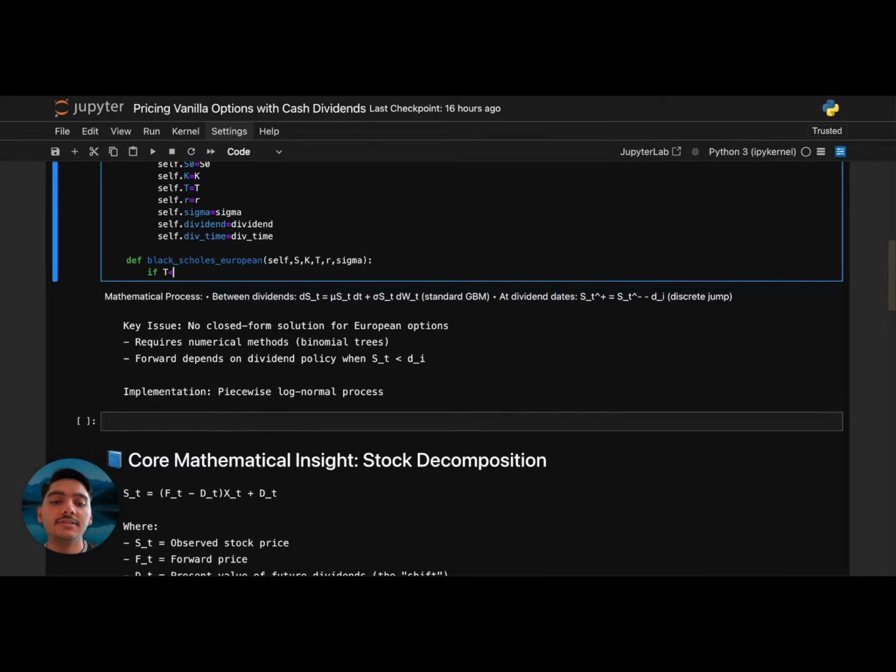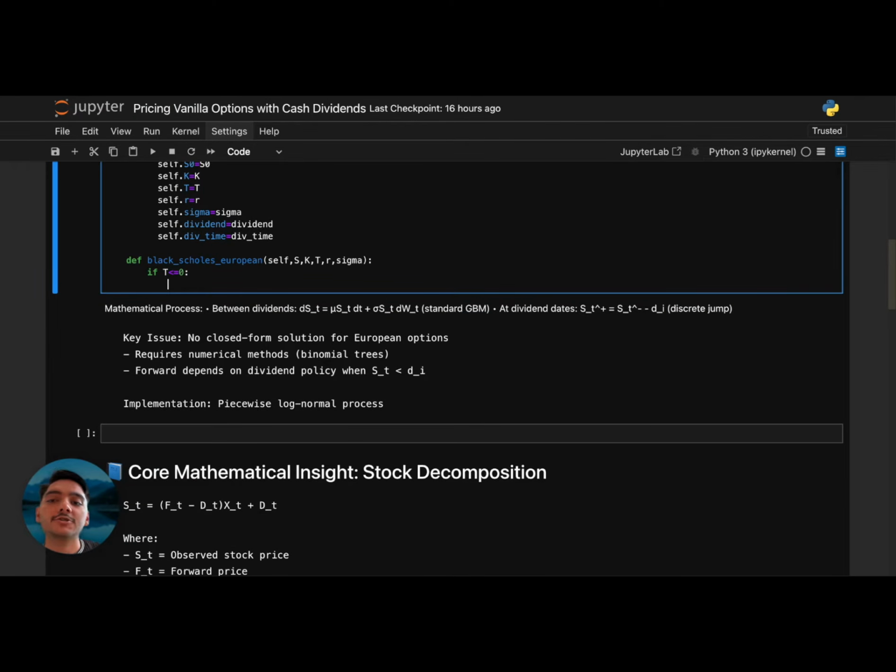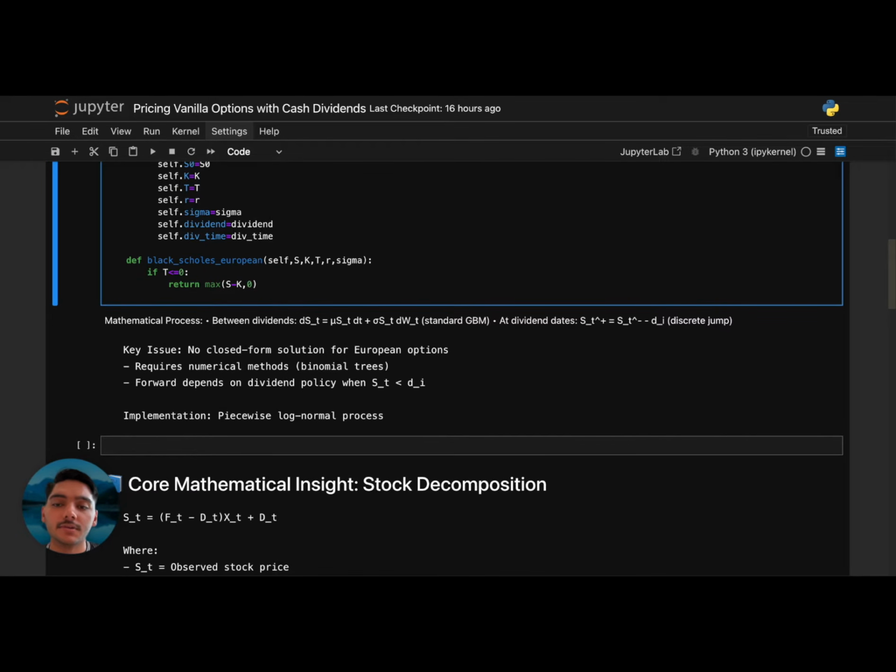If T is less than or equal to 0, we return the max of S minus K and 0. Then let's define d1 equal to np.log of S over K plus r plus 0.5 times sigma to the power 2, times T.